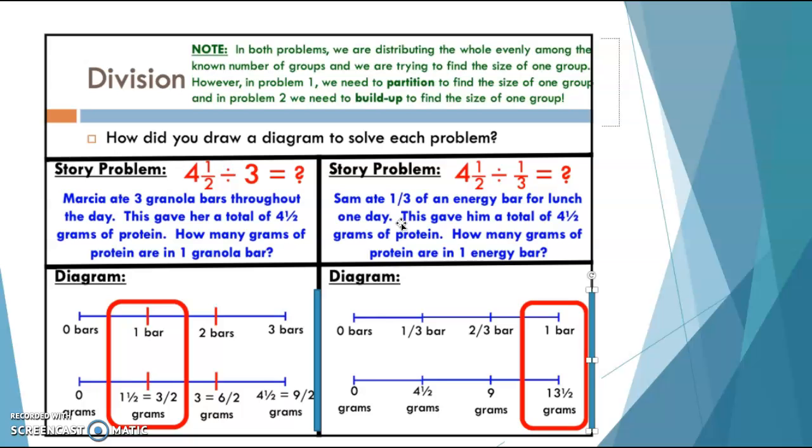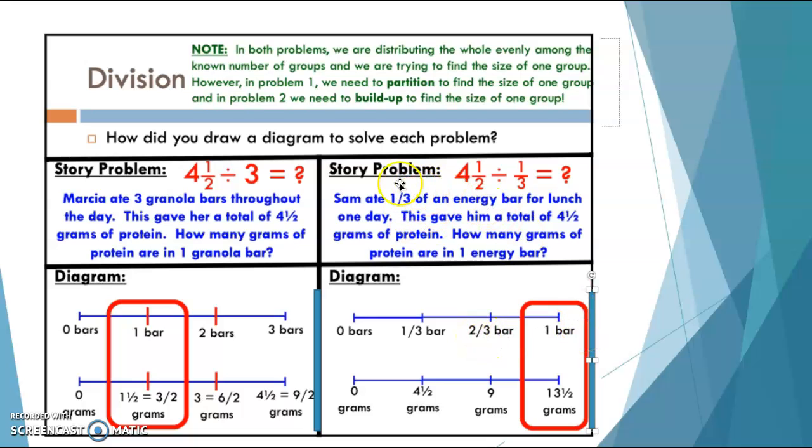This gave him a total of 4.5 grams of protein. How many grams of protein are in one energy bar? Well, we know he ate 1/3, but we're looking for the size of one group. So 1/3, 2/3, 1 bar. 1/3 of a bar, 2/3 of a bar, 1 bar.